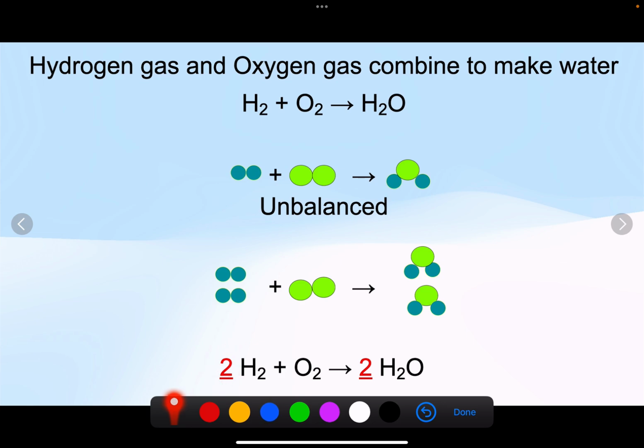So how many total hydrogens does that make on the left? 2 times 2 is 4 hydrogens. We've got 2 oxygens over here, and that's 4 hydrogens and 2 oxygens on both sides, so it's balanced.